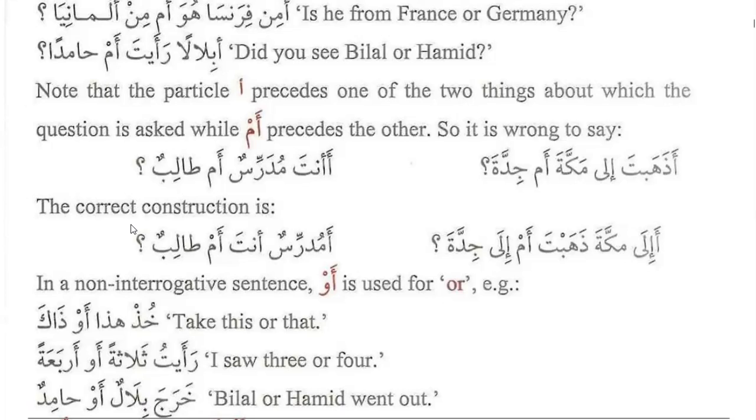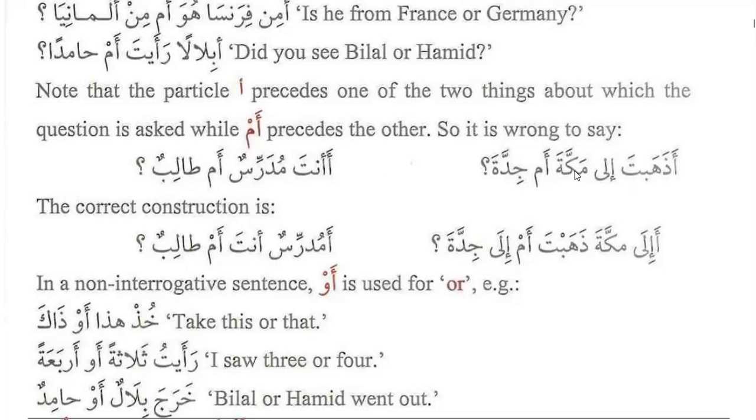You have to have the question particle before the noun. When we are using hamza and am we have two nouns. One of the nouns must be attached with the particle hamza and the other noun must be attached with the particle am. So here mudaris is not kept with the hamza. There is a distance between them, so this is wrong. Here mudaris is kept with hamza, so it is correct.